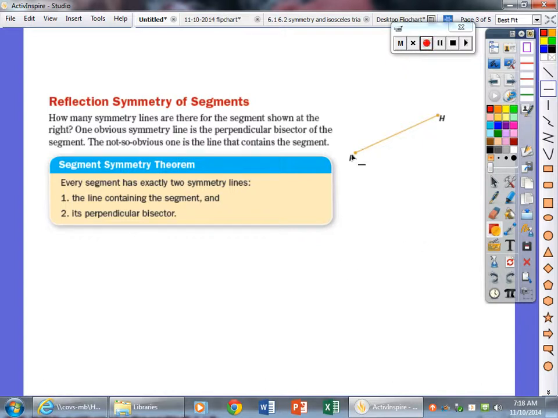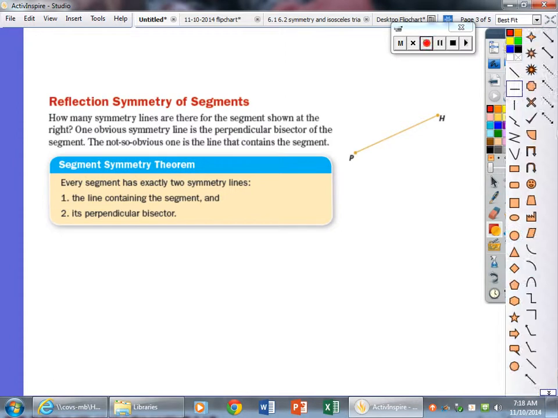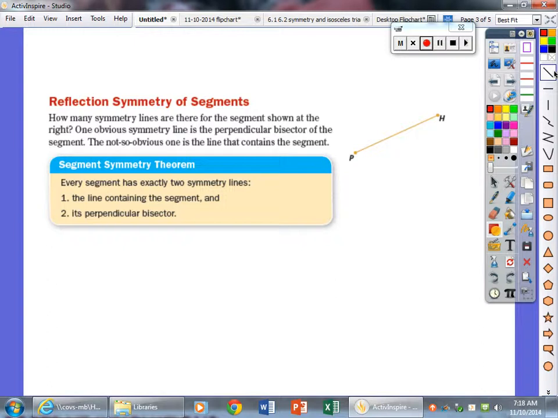So in other words, if I would put a line through here that contained the segment, so I'm going to put a line right through it. Didn't do such a good job there, but let's go back and try again. If I would get the line right on top, this would be a line of reflection.